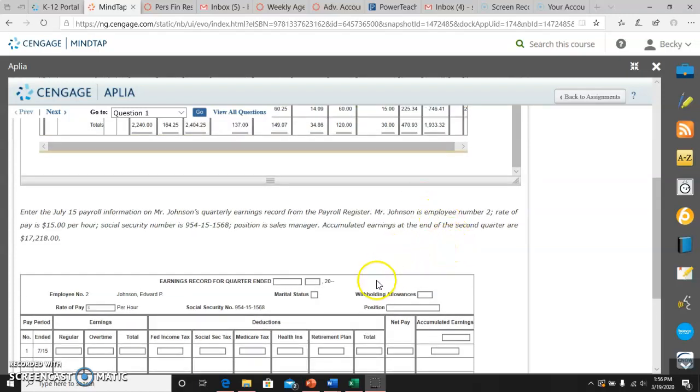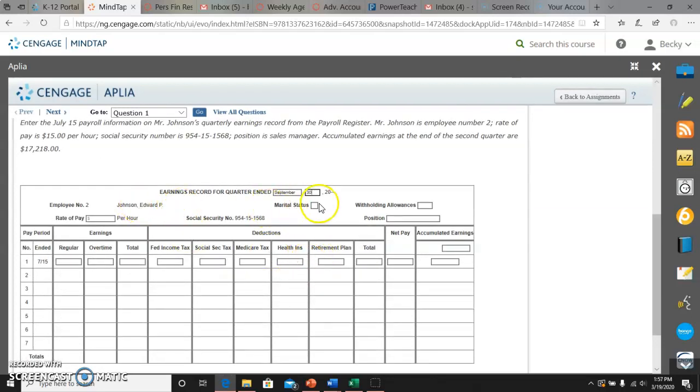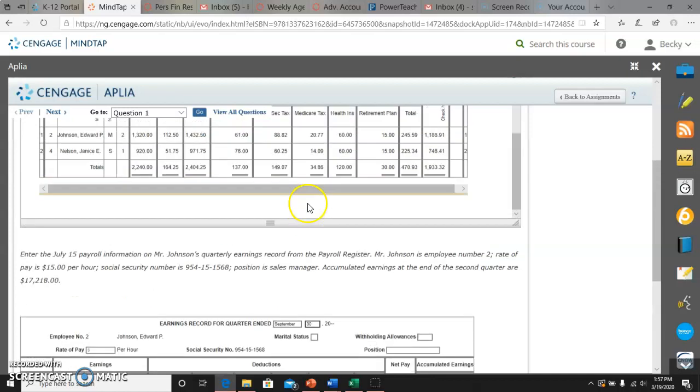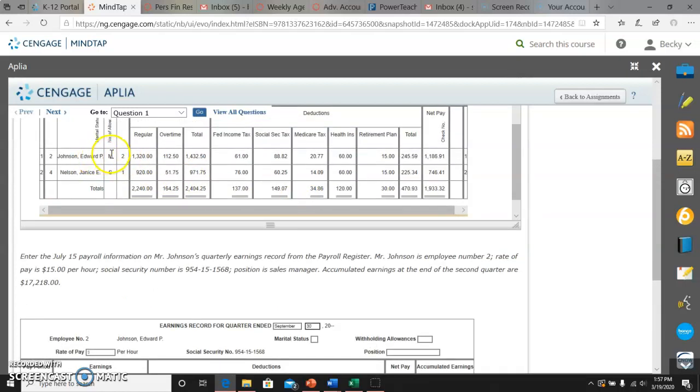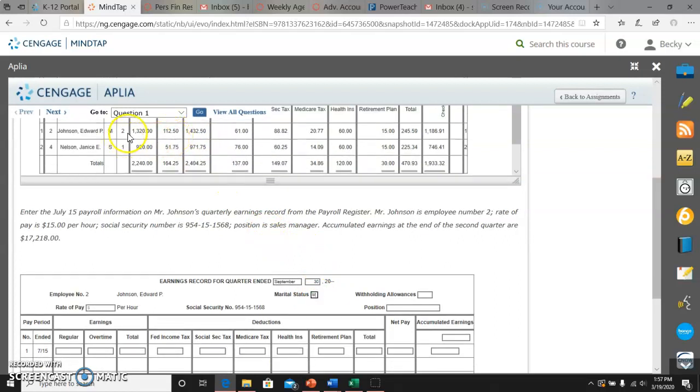So this is the earnings record for the quarter that ends September 30th. September 30, I did it again. And it's employee number 2. Marital status for him, Edward, is M. It's up here in the payroll register. His withholding allowances are 2.